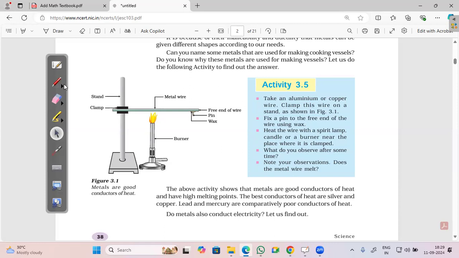So for all the properties, can you have any metal which is not a good conductor of heat and electricity? Do you have any metal which is not a good conductor of heat and electricity?